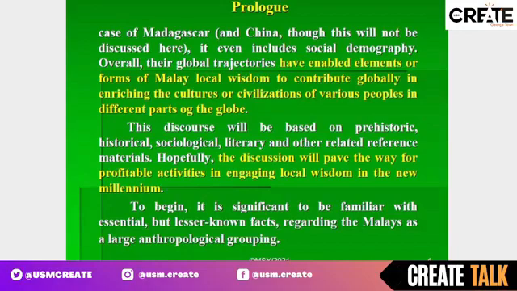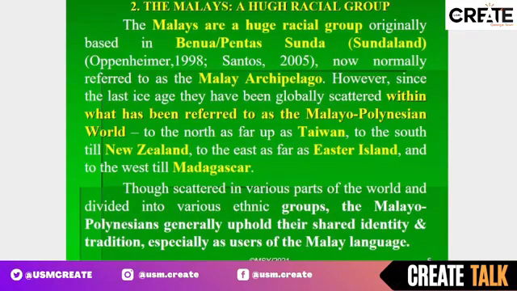Now, to begin, it is significant to be familiar with essential but lesser known facts regarding the Malays as a large anthropological grouping. People are quite familiar with the Malays in Malaysia, in Indonesia, Sumatra especially, but not the large anthropological grouping, which I will now introduce.